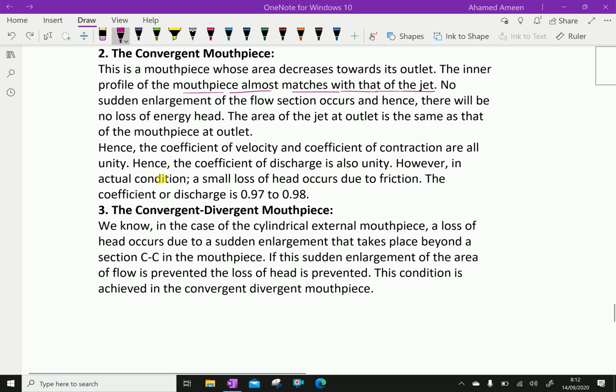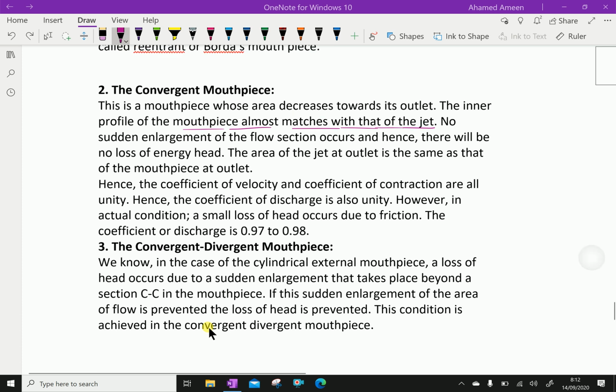However, in actual conditions, a small loss of head occurs due to friction. The coefficient of discharge is 0.97 to 0.98. Your convergent mouthpiece is attached to a tank.